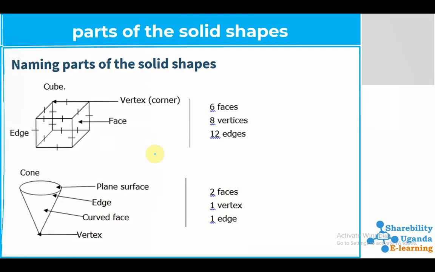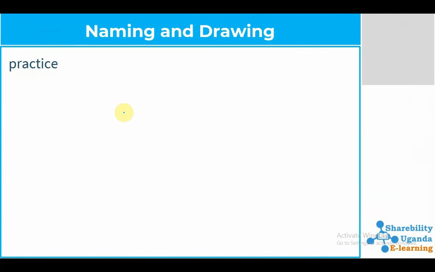Then we shall also see, if you have been given our tube and you are asked to find maybe the volume of this tube, they may ask you to find the volume of this tube. We shall be looking at how we find the volume of this tube.